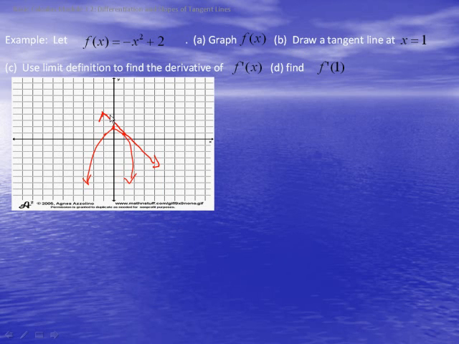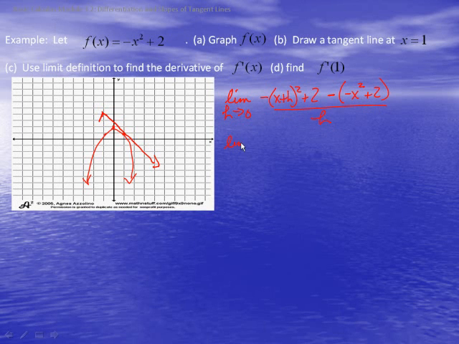It says now use the limit definition to find the derivative f prime of x. If you'll remember, our formula for that is the limit as h approaches 0 of negative (x plus h) quantity squared plus 2, minus negative x squared plus 2, all over h.